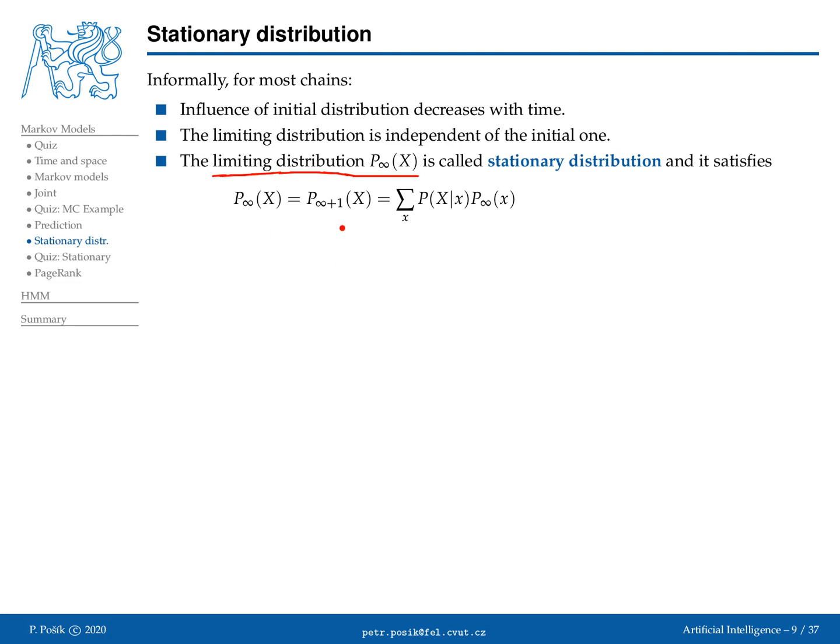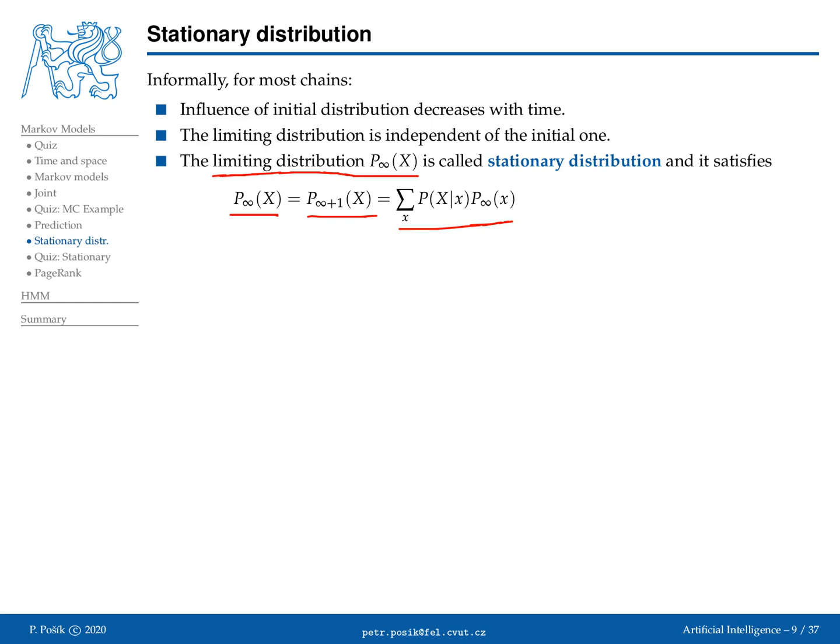And for that case, it must actually hold that the distribution at infinity is equal to, let's say, the distribution at infinity plus 1, which is computed like this, right? This is just the mini-forward algorithm with the P infinity here.